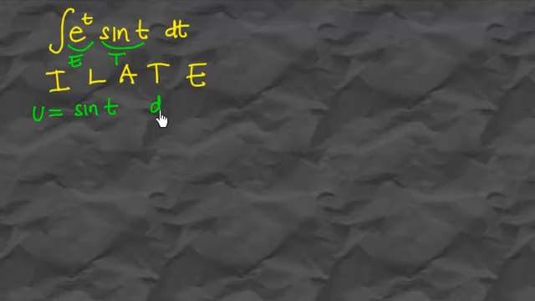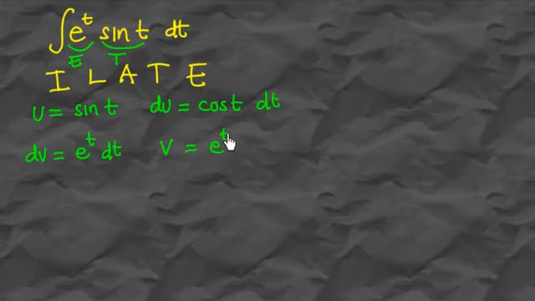Therefore, du is cosine t dt. Now the rest, which is e to the t dt, is our dv. So now the v is e to the t.